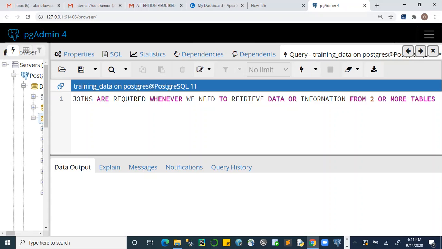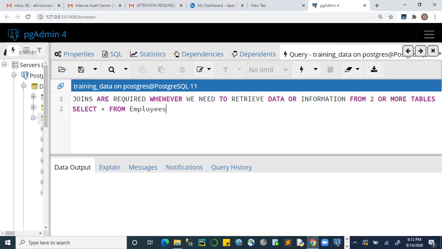If you've been following this tutorial, you'll notice that all we've been doing is retrieving data from one table, and that table is called the employees table. So we've always been doing something like select star from employees.